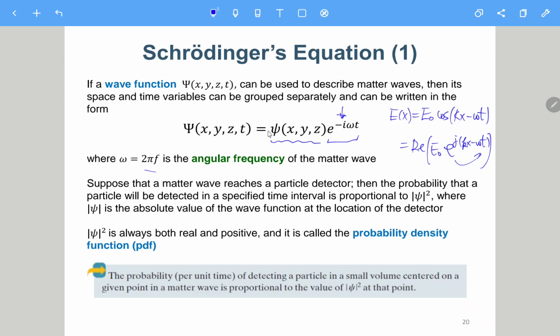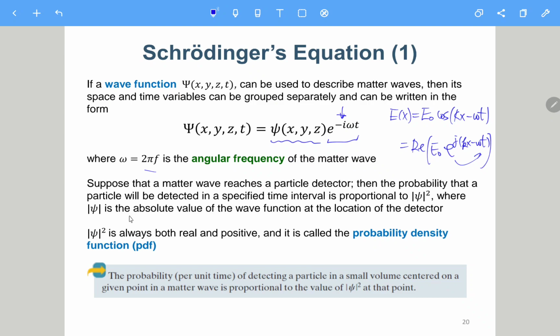So phi is the solution for the Schrödinger equation, but it doesn't have any physical meaning. The Copenhagen interpretation is that you take the absolute value of the wave function and then take the square. It becomes the probability density function governing the particle.